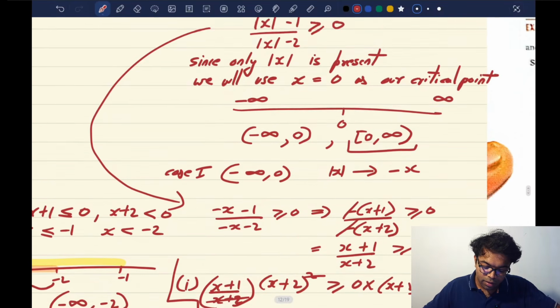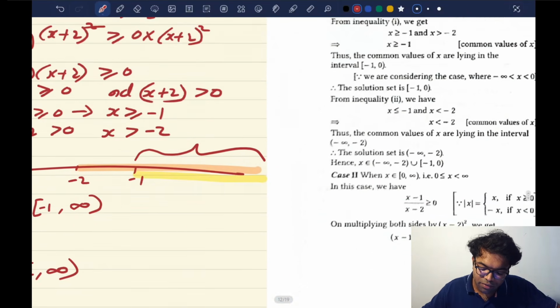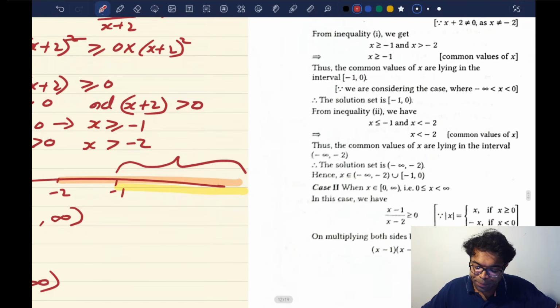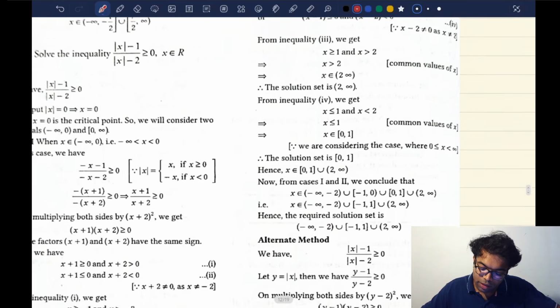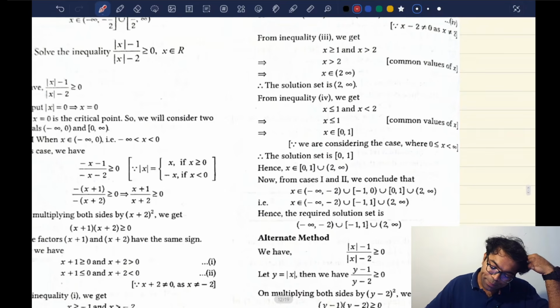This is a very small question, but it is going to become bigger and bigger and bigger. So we have done this. Now we have to assess all the regions. So x belongs to what?